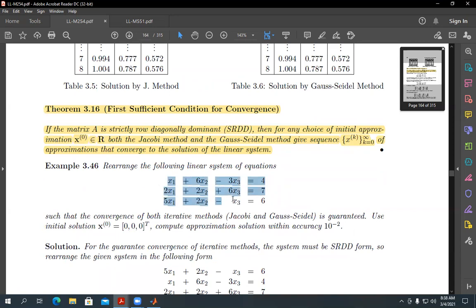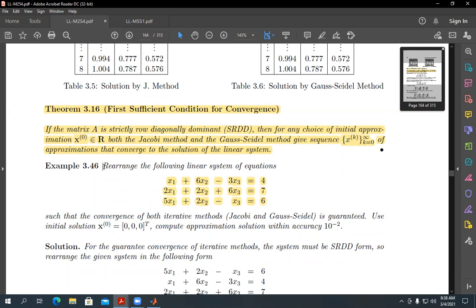First of all, can you tell me if this is STD or not? No. And when your system is not STD, we have no guarantee: it may converge, it may diverge.